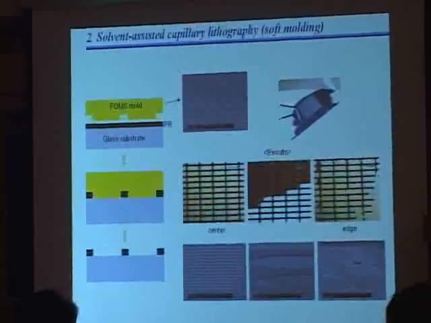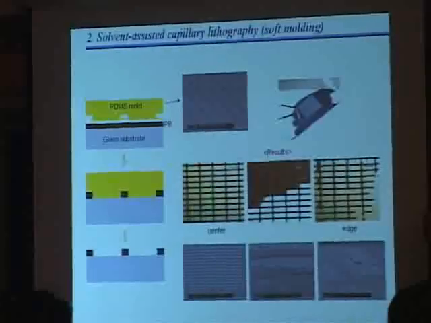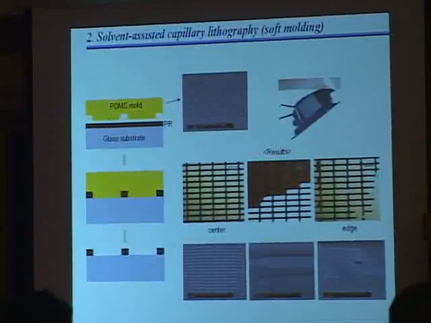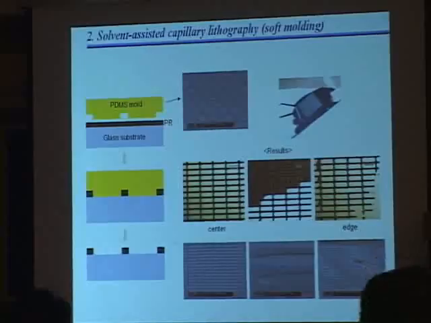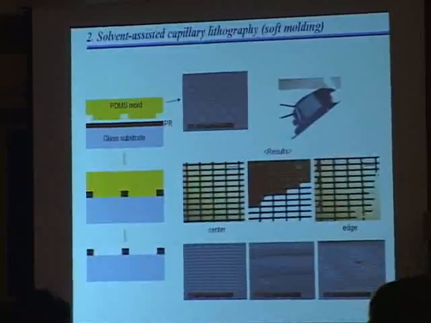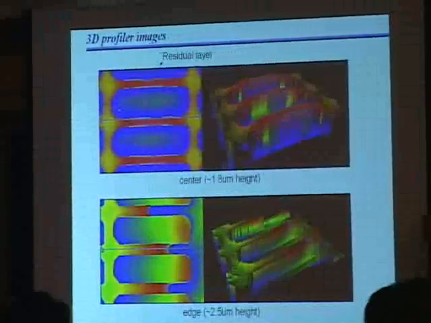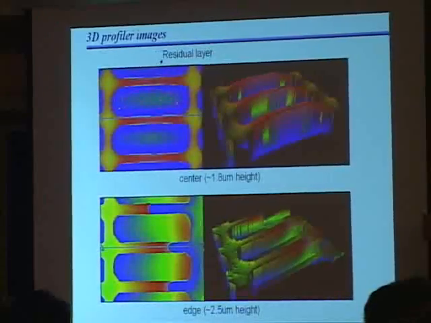So I think this behavior can be attributed to some complex behavior of the solvent, because it's very difficult to control the wettability of the solvent with the PDMS surface and the solvent surface as well. It is very difficult to do that. This 3D profile image shows that there is some residual layer remaining.